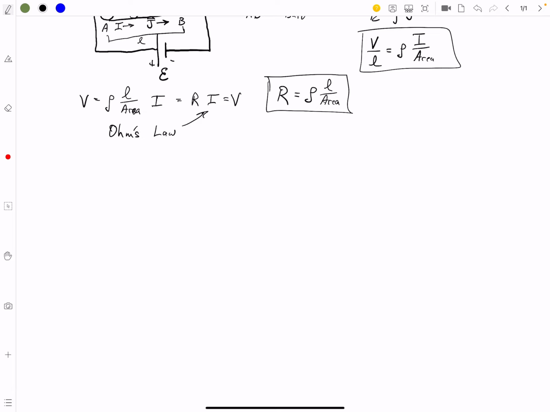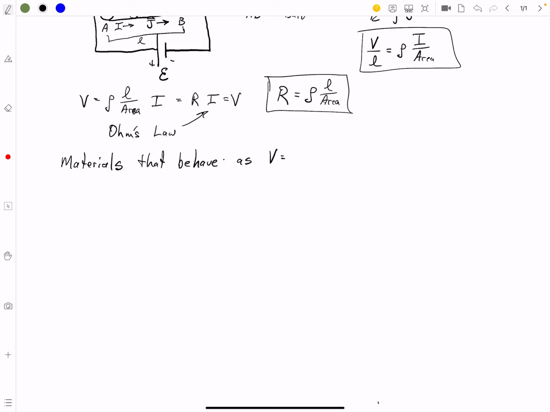And let's talk a little bit about that. Okay, so materials that behave as V equals IR.